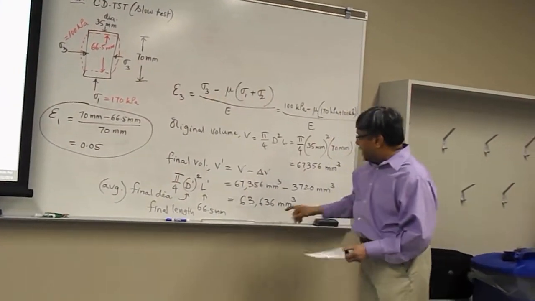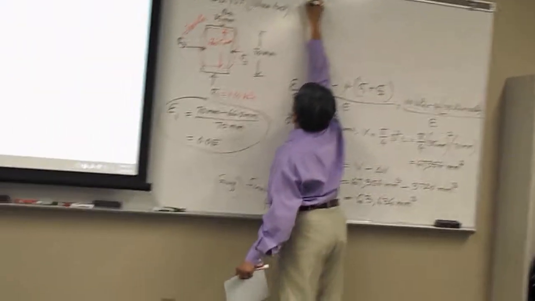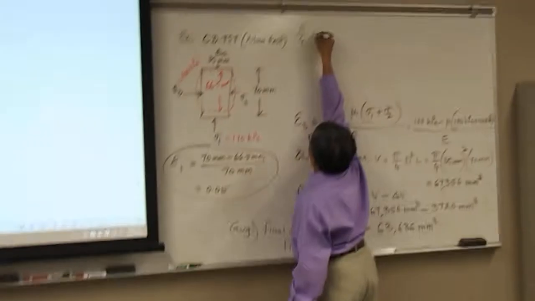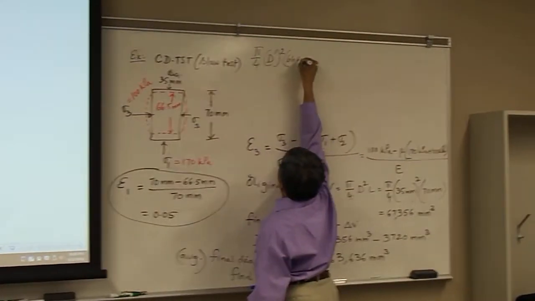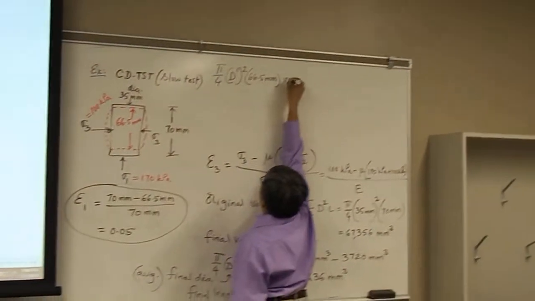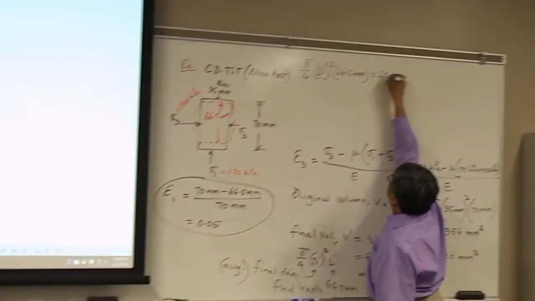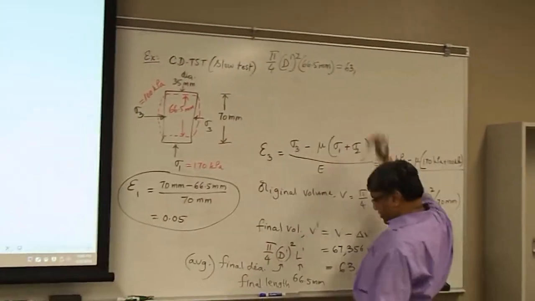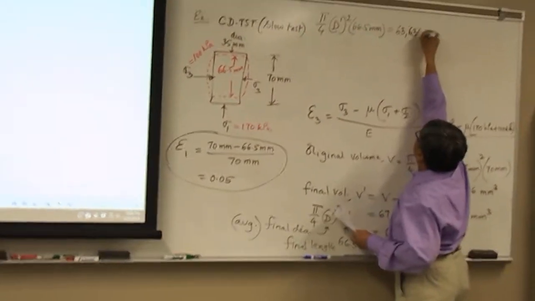So let us first calculate d prime. Pi over 4 d prime square times 66.5 millimeters is this 63,636 millimeter cube.